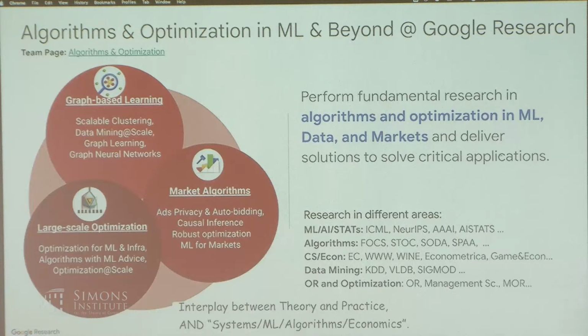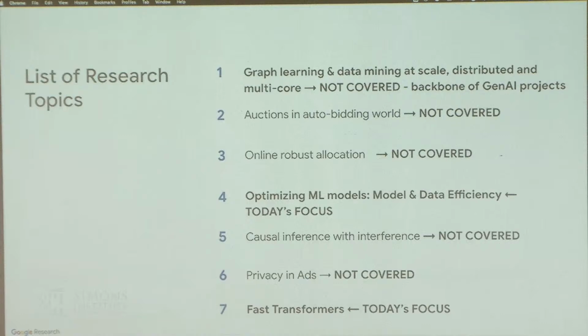We have a large-scale graph mining project, a large-scale data mining tool set for the rest of Google. We do large-scale optimization and market algorithms. The interplay between theory and practice, system, ML, algorithm, and economics is what we do. We try to publish and also have internal impact, and that has been very rewarding over time.